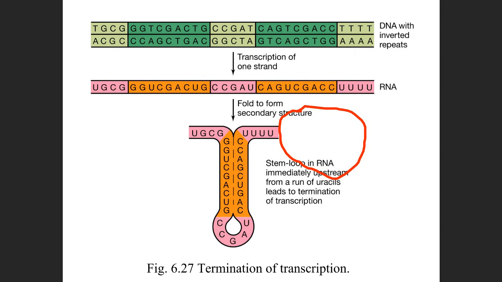But this RNA polymerase has a rear view mirror. After it drives, after it has synthesized, does the RNA it just synthesized form a stem loop structure? If so, that is the signal for it to stop.